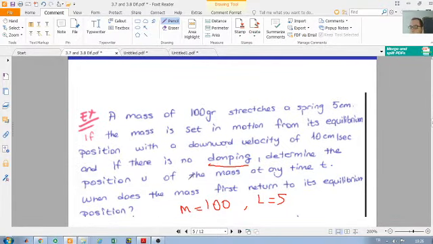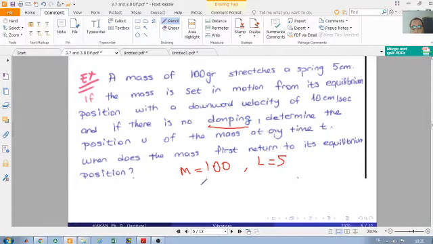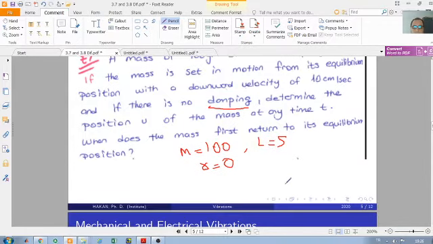This is another piece of information. Therefore, we write gamma is equal to 0. And we don't have any external force according to the example, which means f of t is also equal to 0.